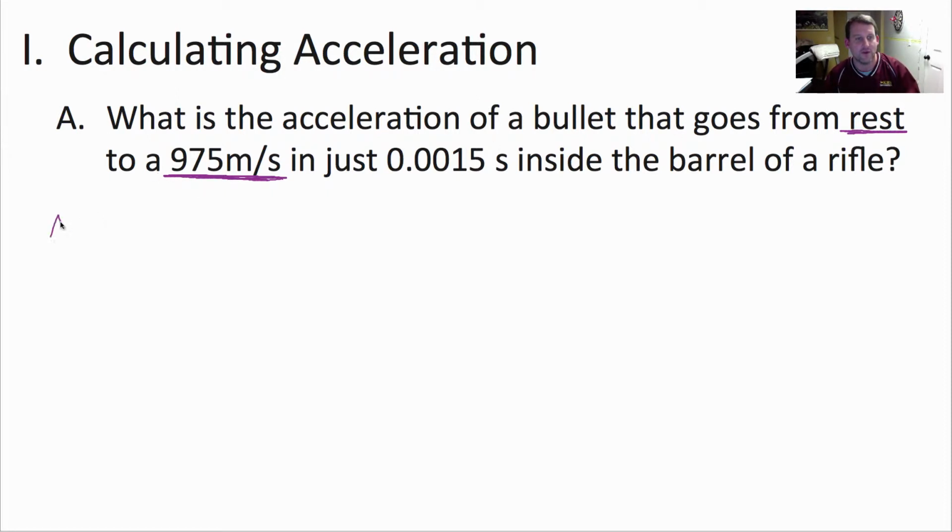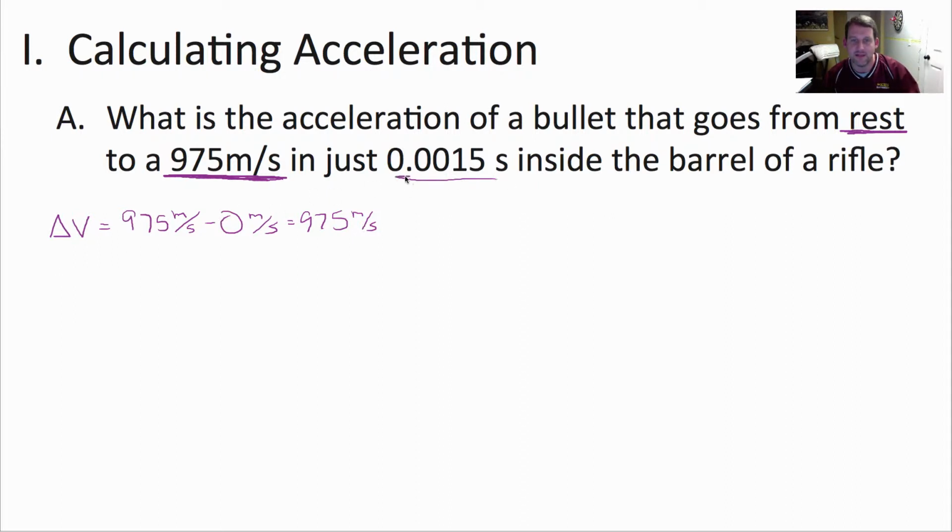So I do know in this case my change in velocity, and that's going to be my final velocity, 975 meters per second, minus my starting velocity, 0 meters per second. And that's going to, of course, equal 975 meters per second. Now, if I only had one velocity again, I wouldn't know my change in velocity. I couldn't calculate that. I have to hold off on it. We'll see an example like that shortly.